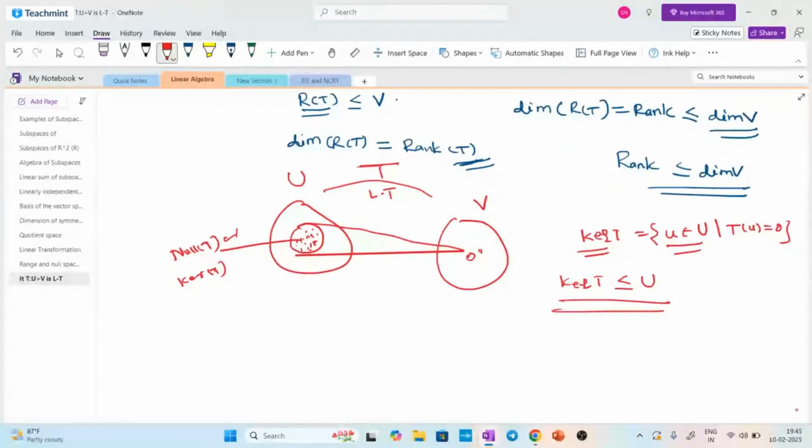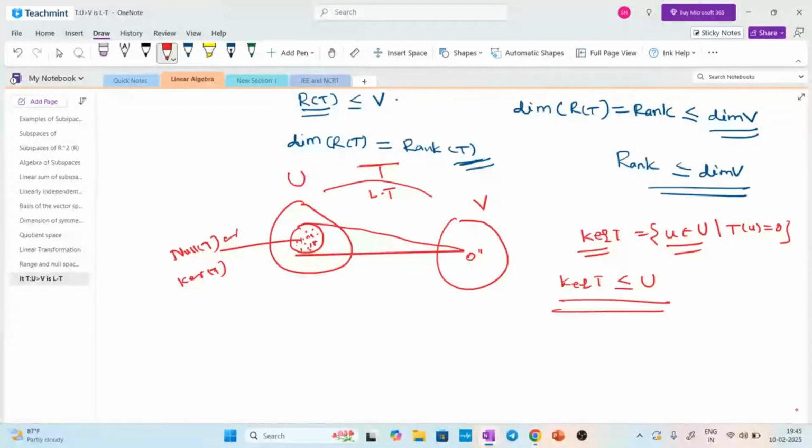The kernel of T is a set of those vectors which are in the domain such that their images are equal to 0. I hope all of you understand. That's why the kernel of T is always a subspace. It is not only a subset.